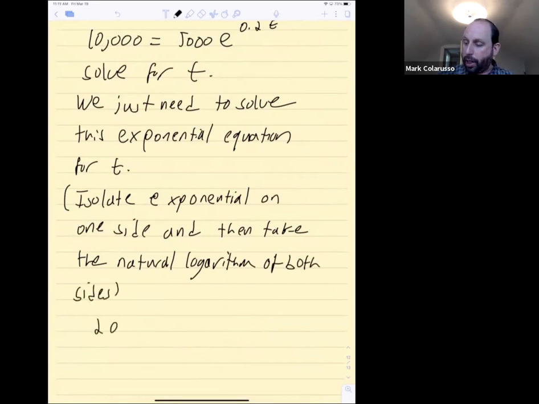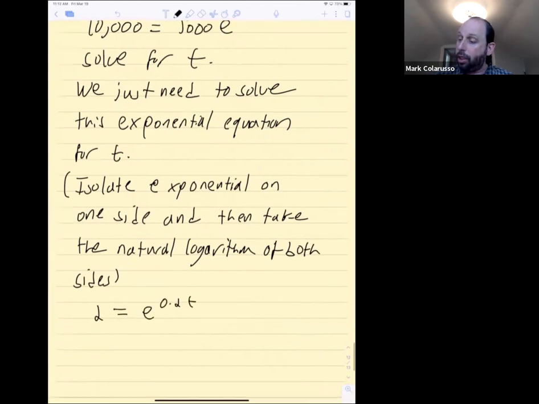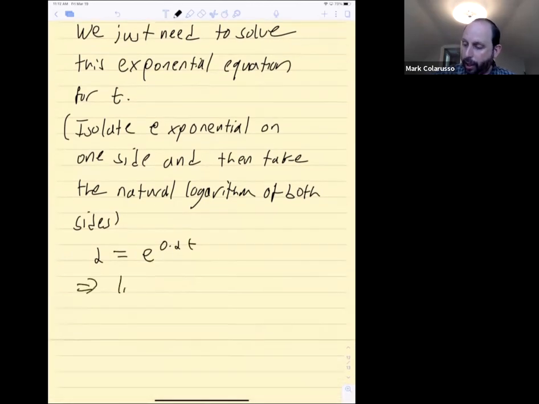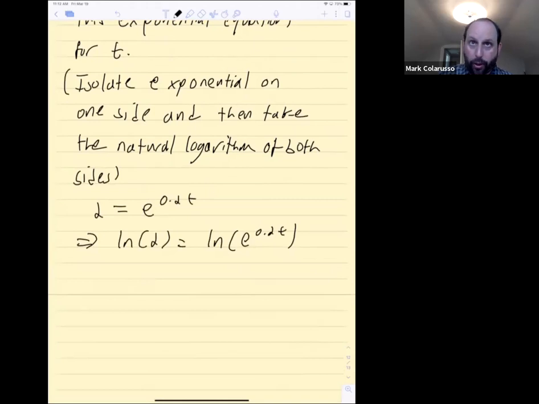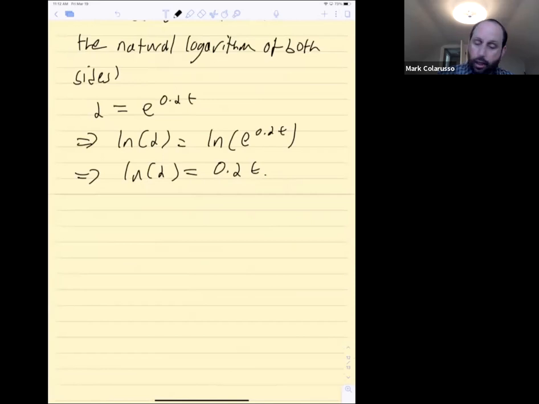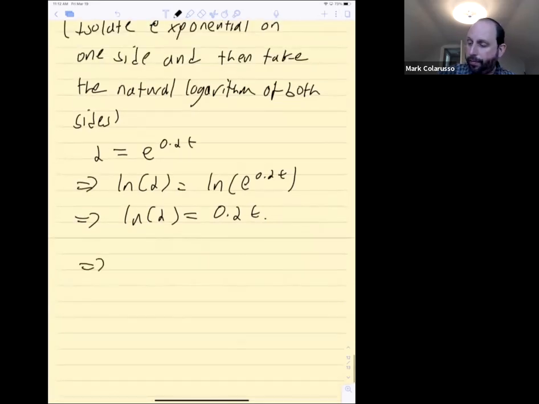So if we isolate the exponential, 10,000 divided by 5,000 is 2, equals e to the 0.2t. Then you take the natural logarithm of both sides. And of course, the logarithm of e to the 0.2t is 0.2t. That's the whole beauty of the logarithm. So you get the logarithm of 2 is equal to 0.2t, and so ln 2 divided by 0.2 is t.